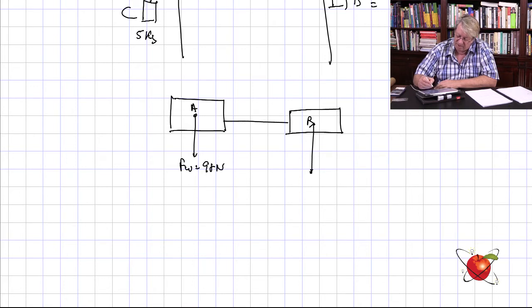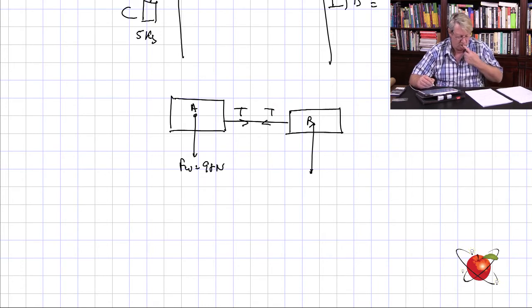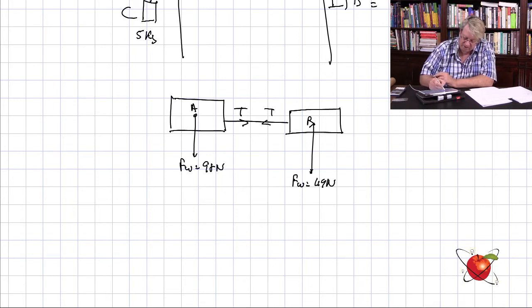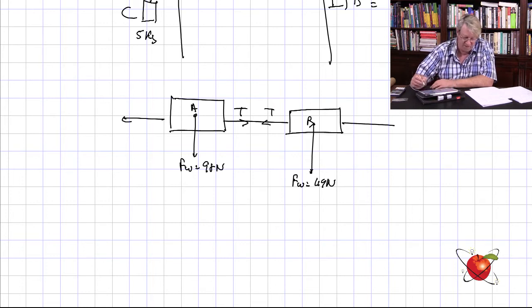We know that they are joined with a rope like that, with a T and a T over there. Correct? That's quite straightforward. This side we've got a tension, and this side as well.